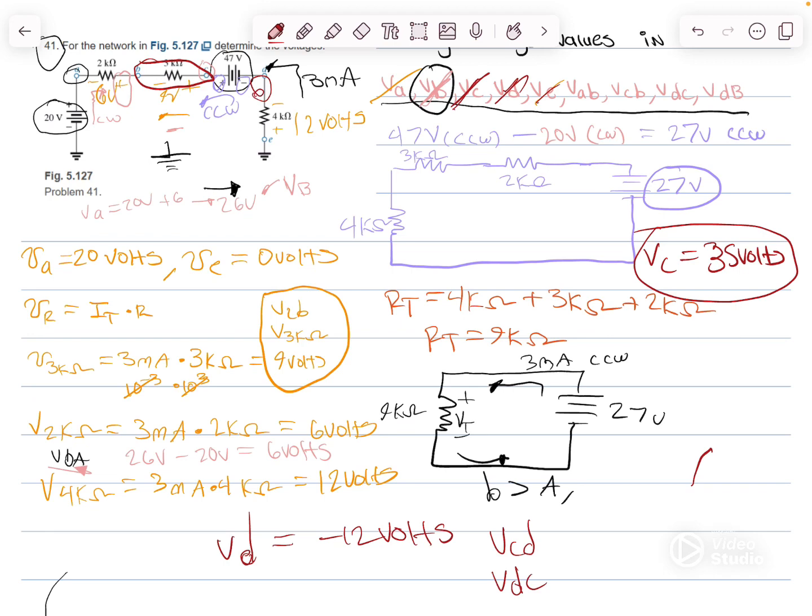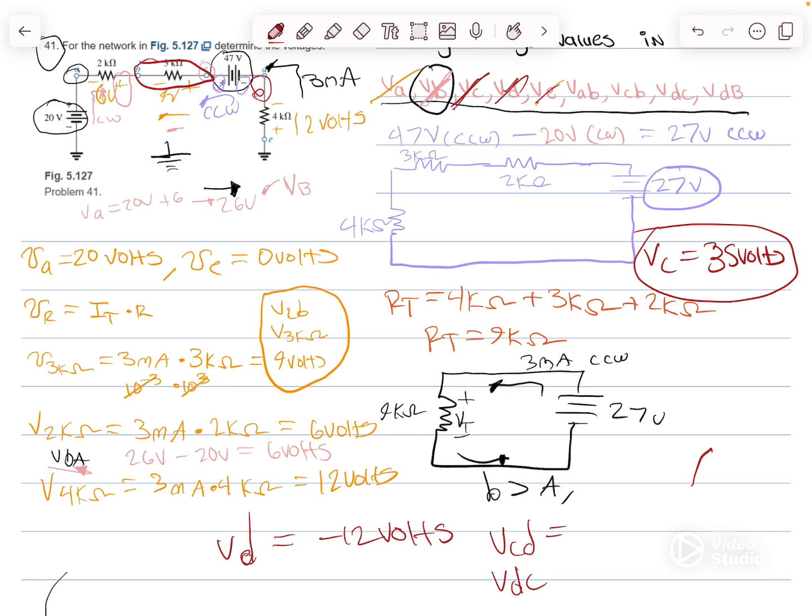And once again, I'm going to look at my minus and positive signs. This negative sign at my voltage source is telling me to an extent that this side is lower. I know that D should be lower because I'm putting in 47 volts from D to C. So C will be at a higher voltage compared to D, and I already know that voltage value.